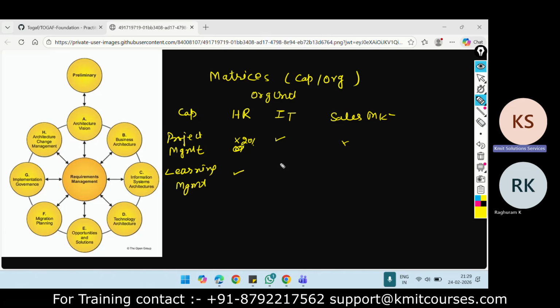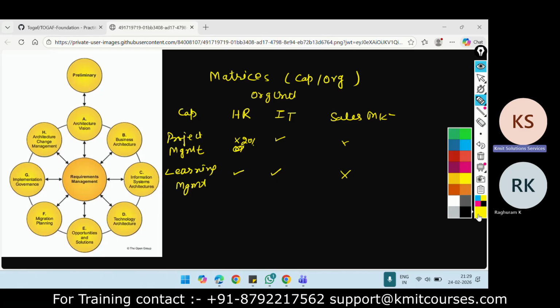So that kind of coding you can also apply in the matrix, representing how much it will be impacted. IT, for example, this is required. For sales, it is not at all required. So why am I talking about the coloring system?